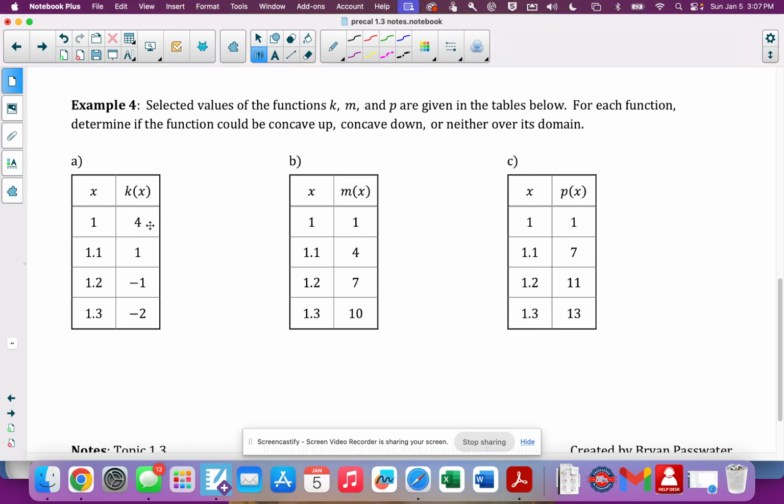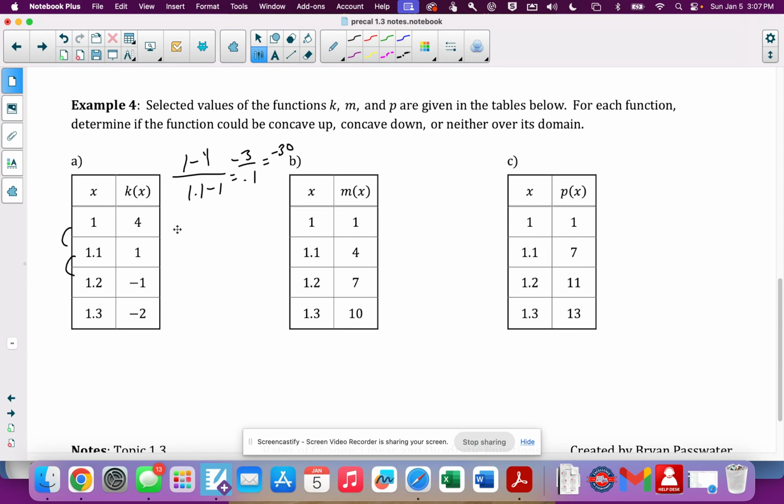So average rate of change on the first part is 1 minus 4 is -3. So -3 over 0.1, because 1.1 minus 1 would be, and I'll go ahead and set it up for you, but it's 1 minus 4 over 1.1 minus 1. That's literally -3 over 0.1, so that's -30. All right, so that's the first two.